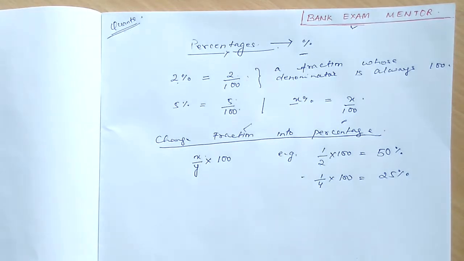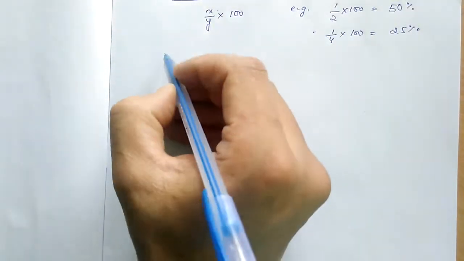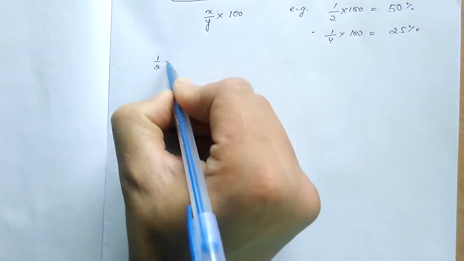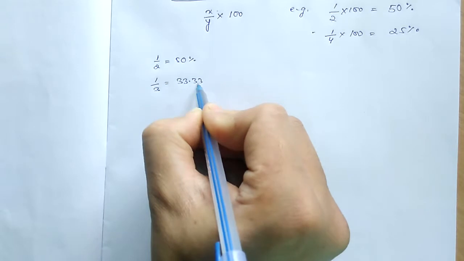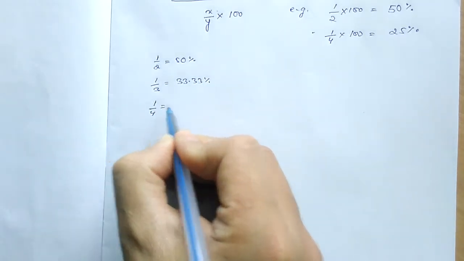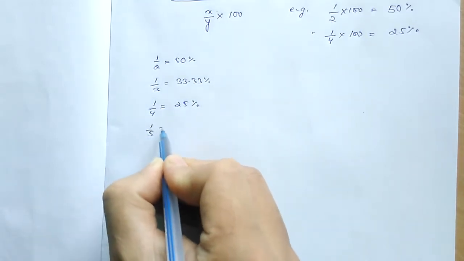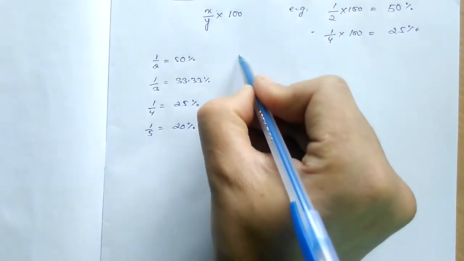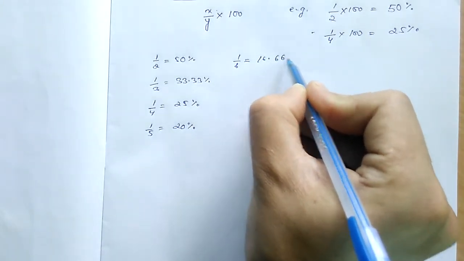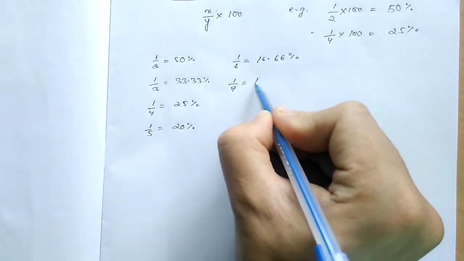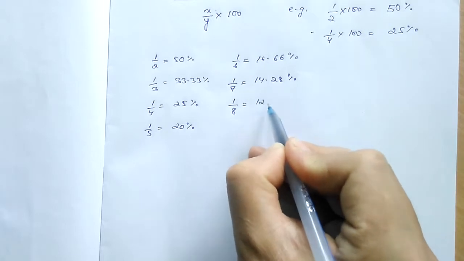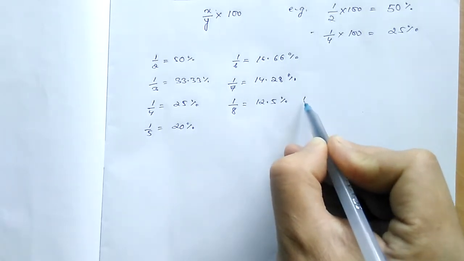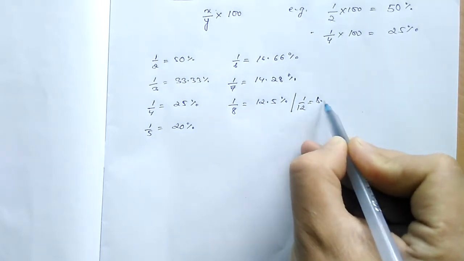It will be really beneficial if you are able to remember the percentages of some fractions, like half is equal to 50%, 1 by 3 is equal to 33.33%, 1 by 4 is equal to 25%, 1 by 5 is equal to 20%, 1 by 6 is equal to 16.66%, 1 by 7 is equal to 14.28%, 1 by 8 is equal to 12.5%, and 1 by 12 is equal to 8.33%.